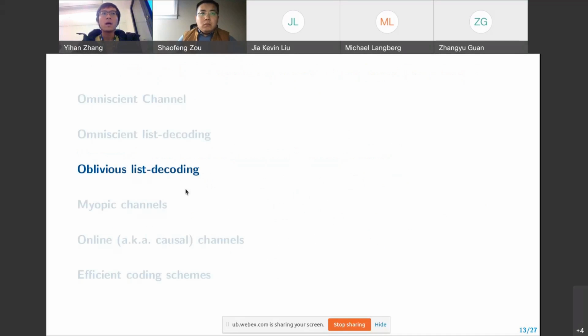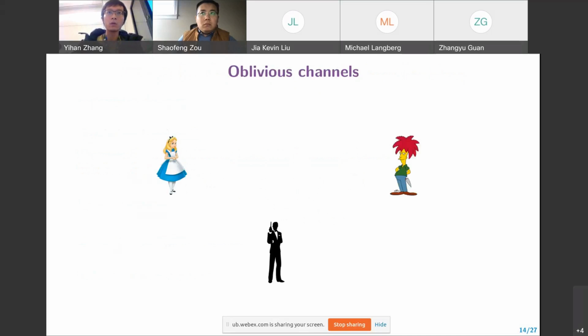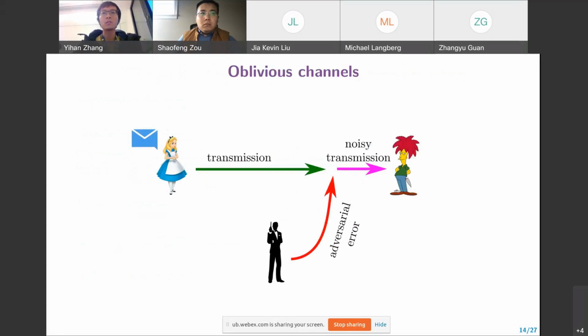Okay, so that's one extreme of the spectrum I mentioned, which is the coding theoretic model. Now let's go to the other extreme, the oblivious model. Let's directly talk about oblivious list decoding. So just to recall, in the oblivious model, the adversary does not know what's transmitted by Alice.